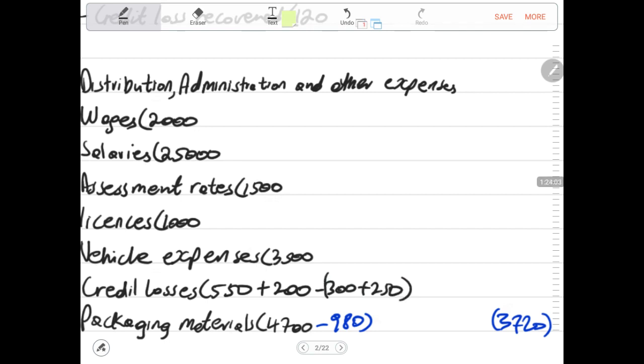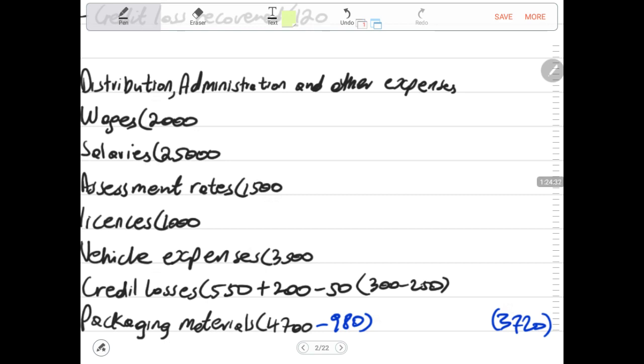In other words, the net of this will be minus 50 rand. So we are minusing the 50 rand, where now our credit losses have been overstated, which is 300 minus 250. I'm just looking at the sign as I'm writing. So the net of the 300 minus 250 will give us the 50 rand.